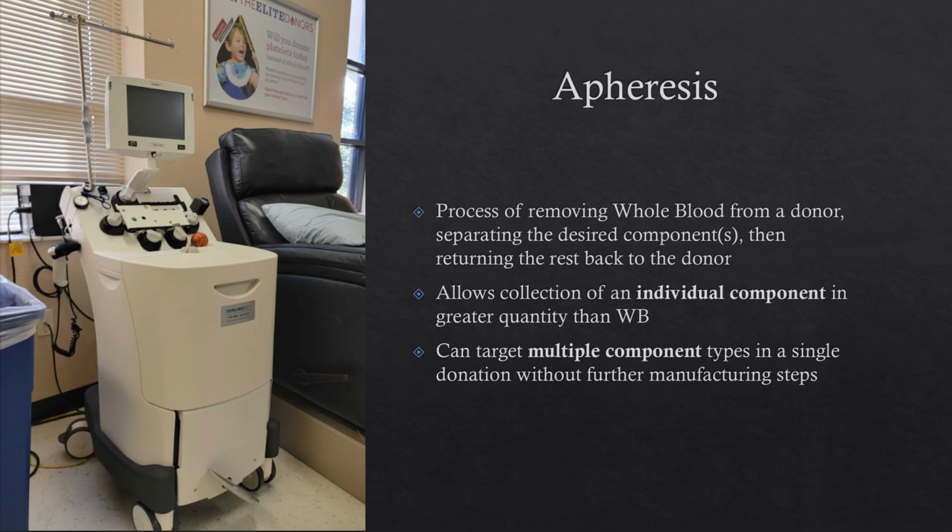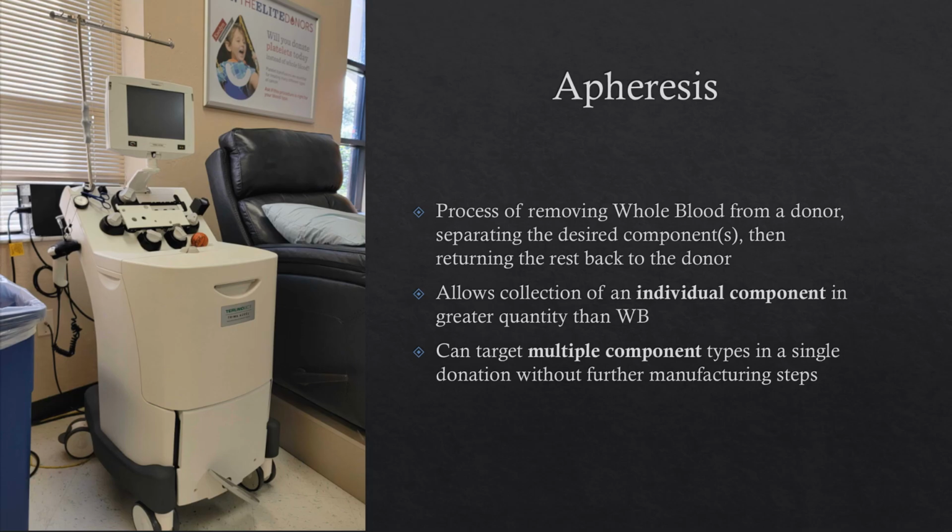The instrument keeps the donor's blood anticoagulated, and after it's been separated and the component of interest removed, the rest is returned to the donor, so that really they're only donating the exact portion of blood, the exact component that we wanted in the procedure.